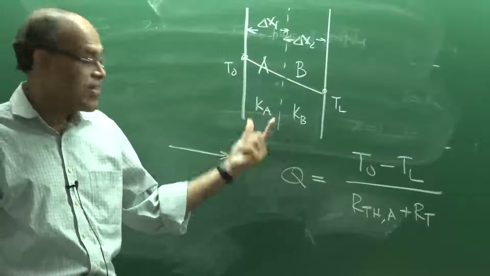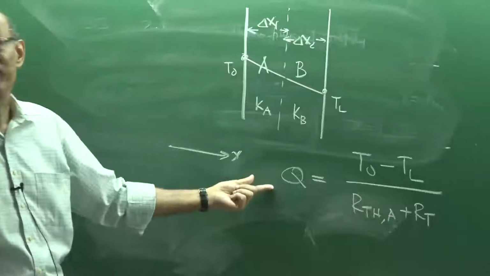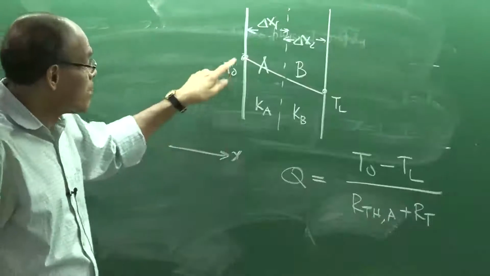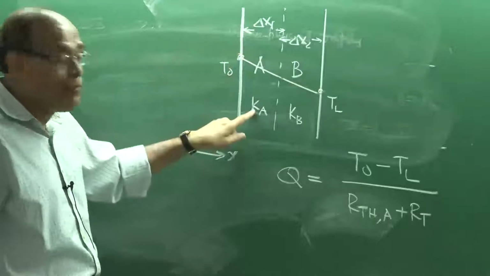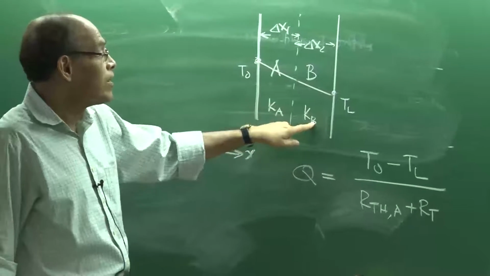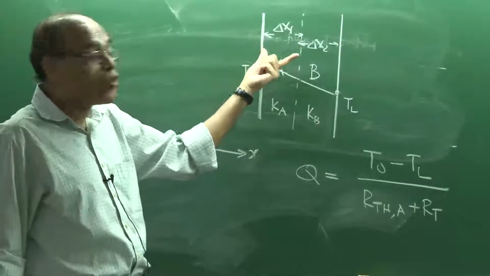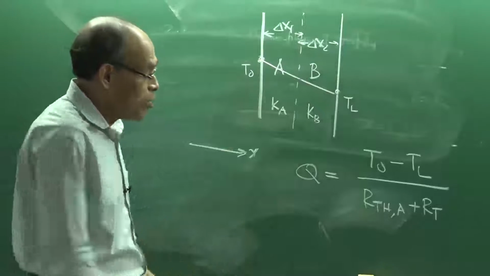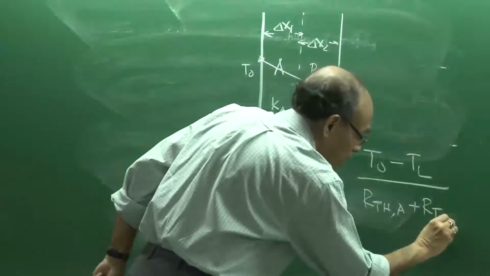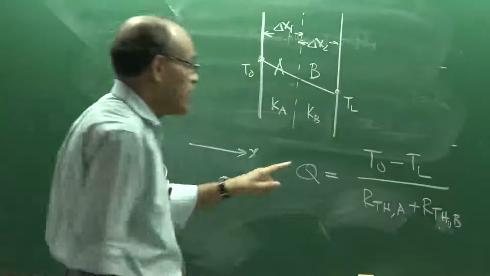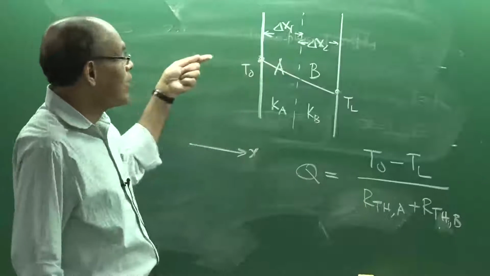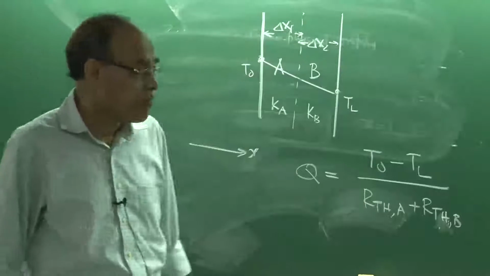Just like electrical resistances, we add up the resistances and we get the net rate of heat transfer. So, the boundary temperatures will always be given to us, thermal conductivity will also be given to us, and similarly the span or the domain length will also be given to us. Therefore, the thermal resistances can be calculated very easily, and we can find out the net heat flux or the net rate of energy transfer.